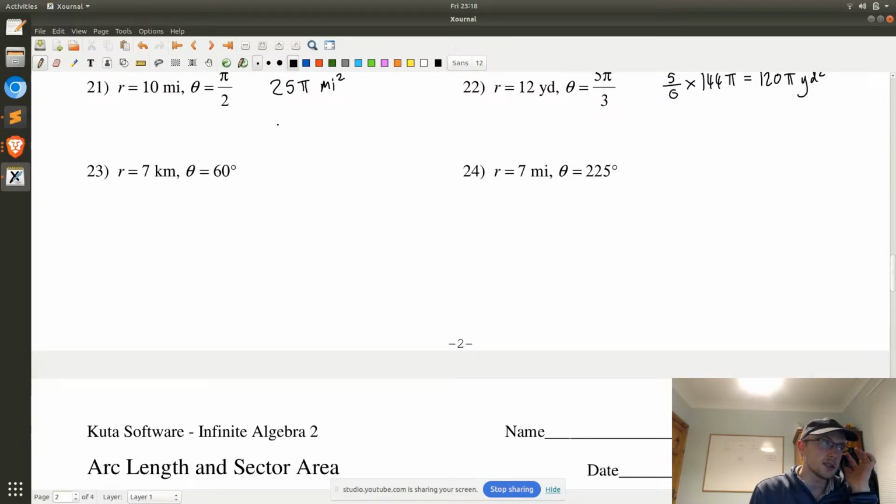A 7-kilometer radius, so 60 degrees, so that's 1/6. So 49 pi over 6. That many square kilometers. 225 degrees.